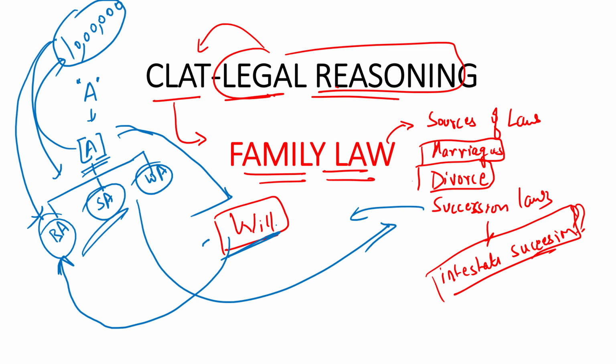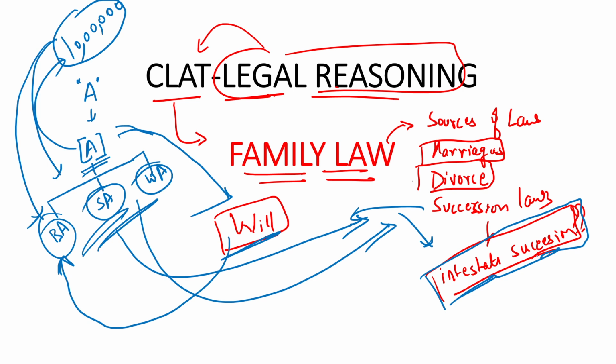But if you don't have a will, if A dies without making a will, then the laws of succession will govern, and they will provide according to the intestate succession. Intestate succession means according to the laws of succession, how this 10 lakh rupees property will be divided amongst the son, the wife or the brother.